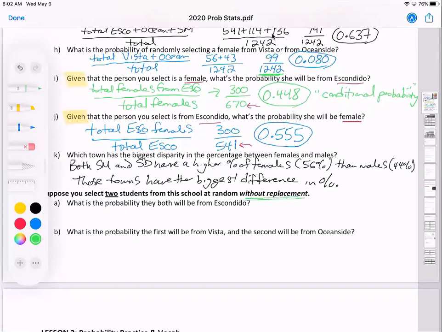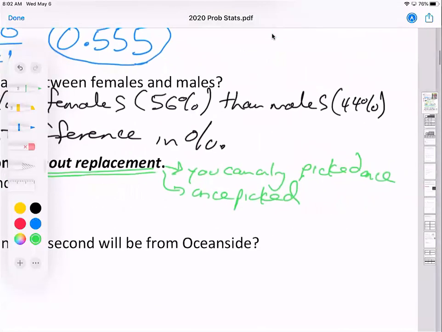Without replacement means you can only be picked once, or in other words, once picked, we won't put them back or replace them. So when we say without replacement, we're not putting them back, not replacing them.